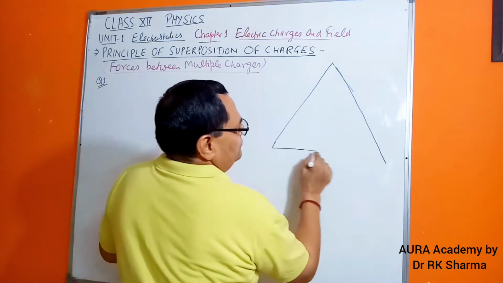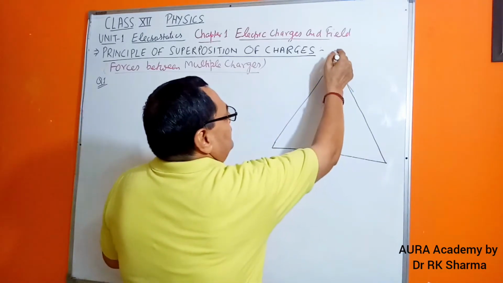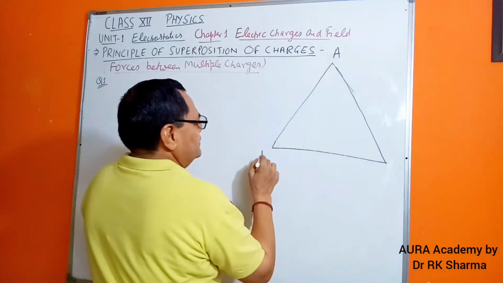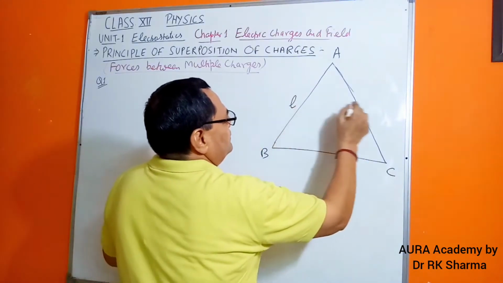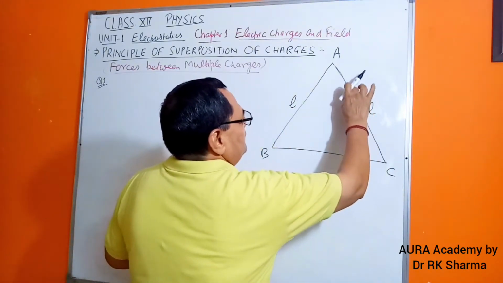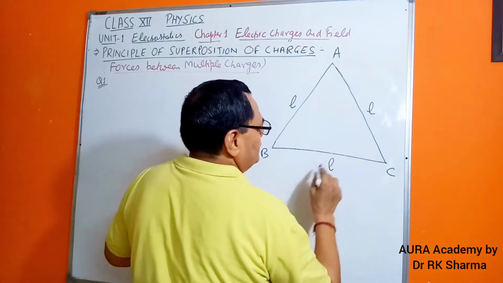Alright, so this is an equilateral triangle. Let us put it as A, B and C. Being equilateral, let us assume it's each of length L.